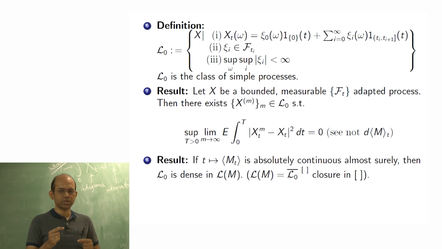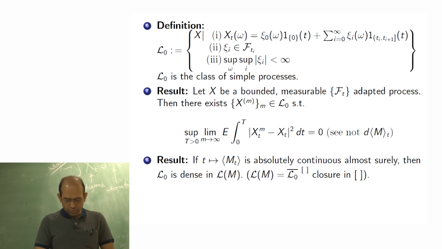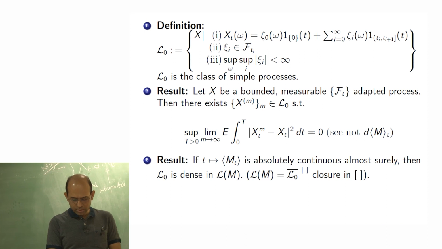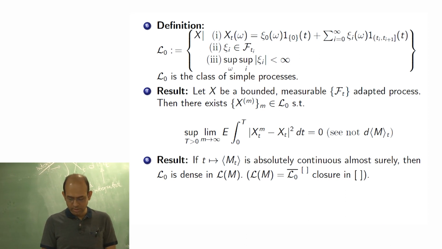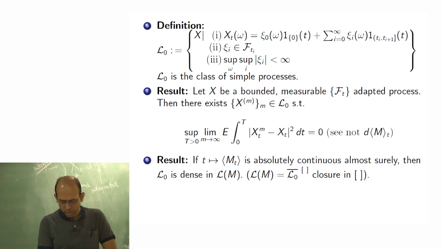So there are plenty of such functions which might not satisfy this condition, but if the condition is true, then this result says that L0 is dense in L(m), or in other words, if we take the closure of L0 in this norm, then L(m) is this L0 closure.